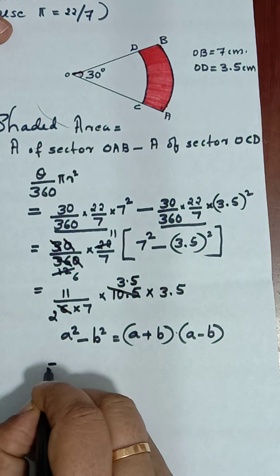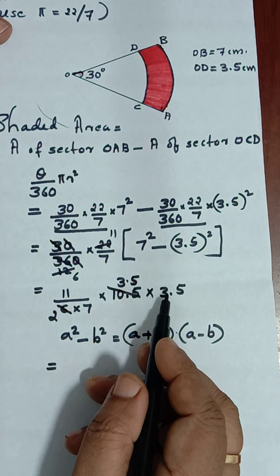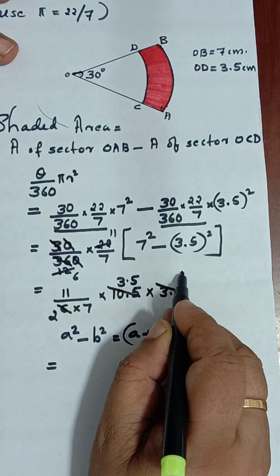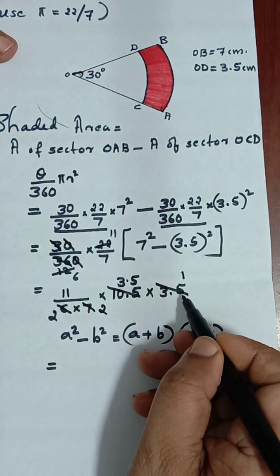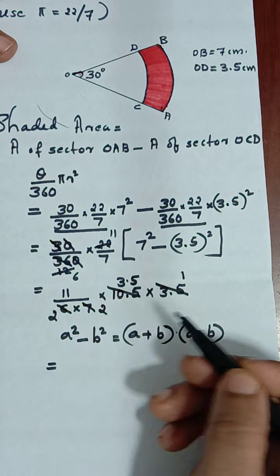So what is the answer? 11 into 3.5 into 3.5. Again 3.5 and 7 can be cancelled. 3.5 one time, 3.5 two times. 3.5 is 3 and a half, and 3 and a half two times is 7.